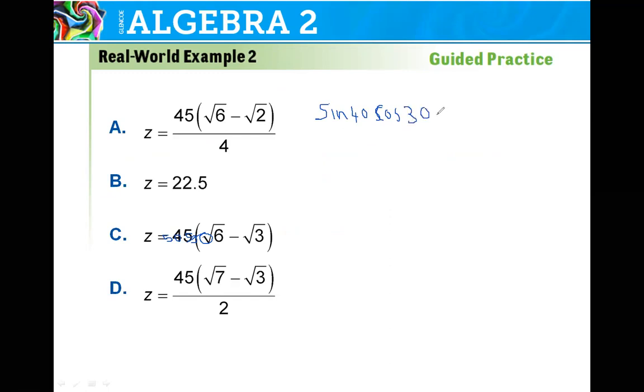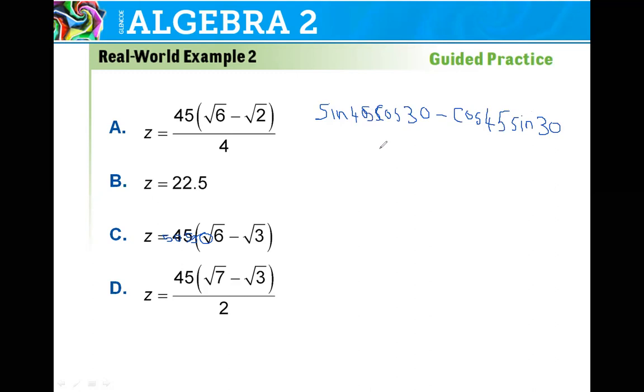So minus, we have to write here cosine 45 and here sine 30. So this is the first step.